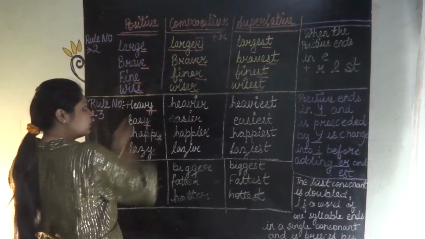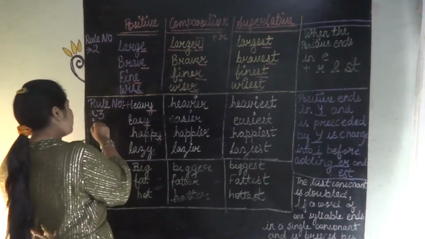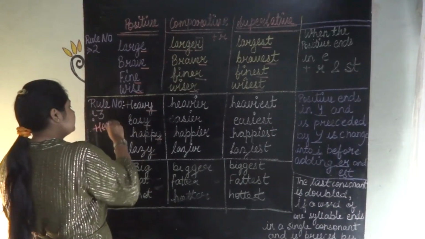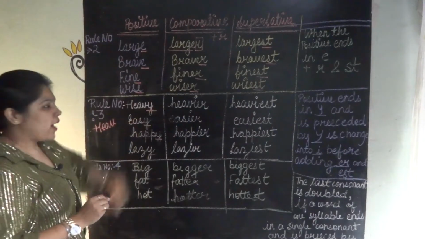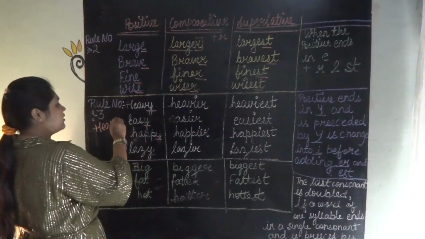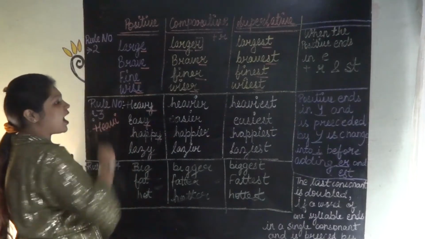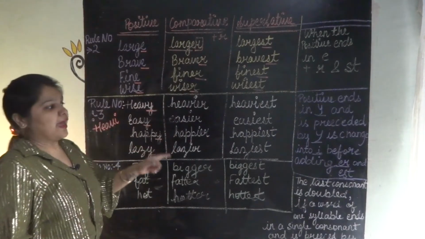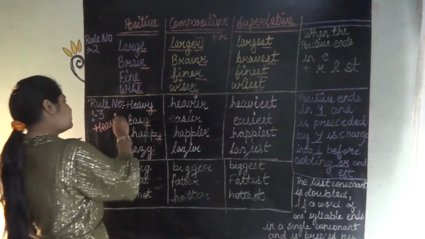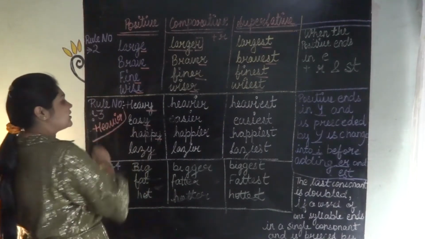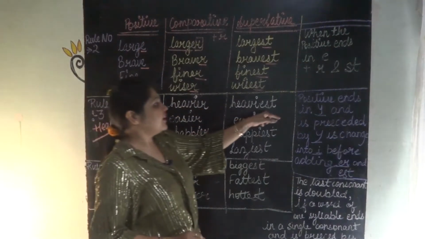But if the word has Y, what will we do? We will first remove Y, like this. Heavy, I have removed Y, cut this Y, and we will add I. Then you will add ER and EST.